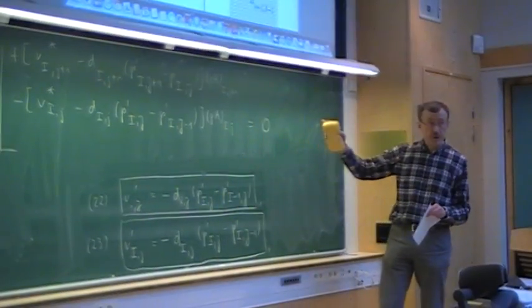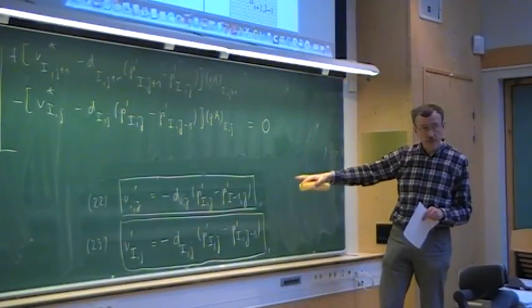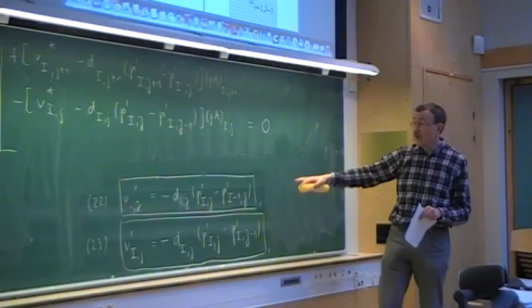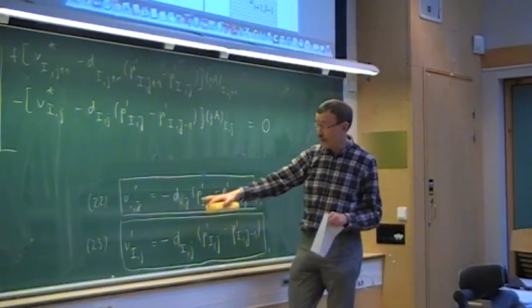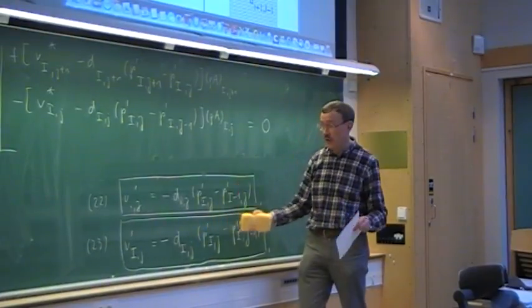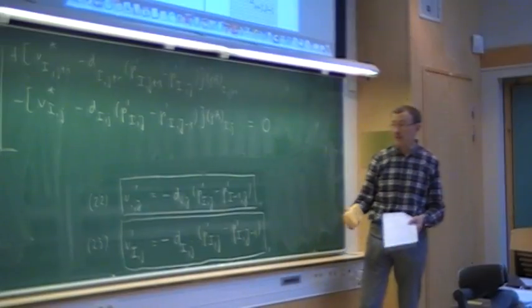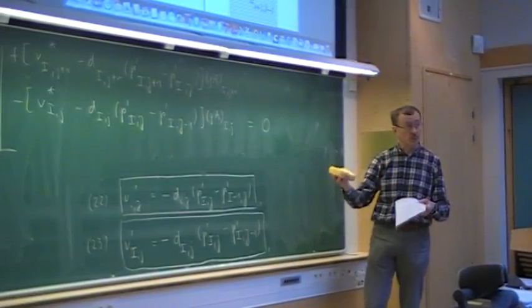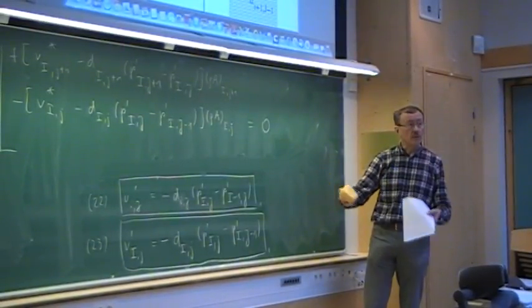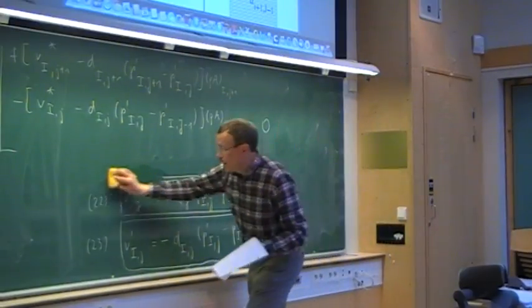We will get the pressure correction from this equation. We'll do that in a minute. But when we have the pressure correction, the p prime, then we can immediately get the velocity correction using these equations. So if we know p prime, we know these d coefficients, we can directly compute the velocity corrections. And then we compute the velocity. The velocity is u star plus u prime. v star plus v prime is v. So that is the way we do it.